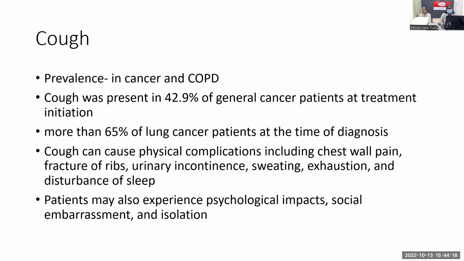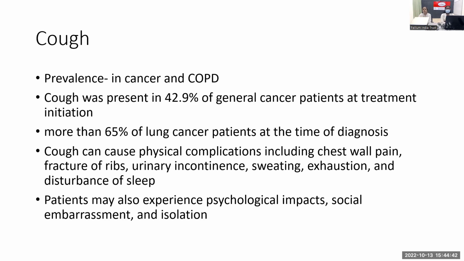I'll quickly go through another 1 or 2 symptoms, that is cough. Initially, we have heard about respiratory issues, and cough is very, very common. Sometimes it puts the patient in a state where they can't sleep because of severe cough. And because of continuous cough, they will have pain because they're coughing all the time. Sometimes there is urinary incontinence because they are continuously coughing.